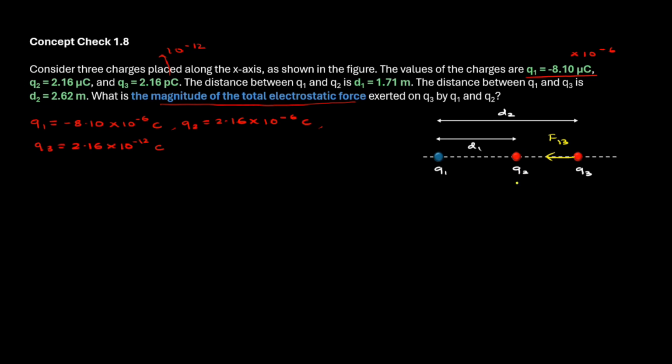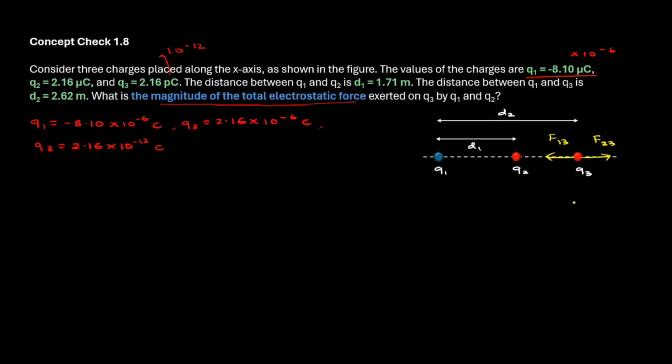Q2, on the other hand, is a positive charge. So Q2 and Q3 will repel each other. And because of Q2, Q3 will be pushed away to the right. And we will write this force as F23, which is force of charge 2 on charge 3.